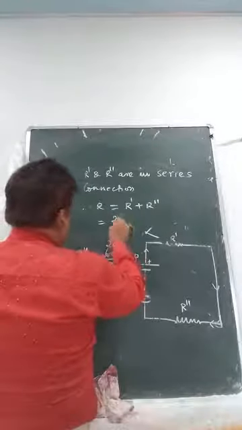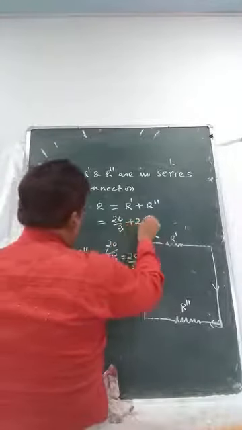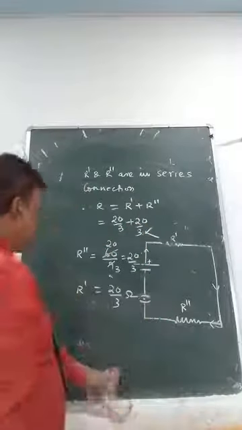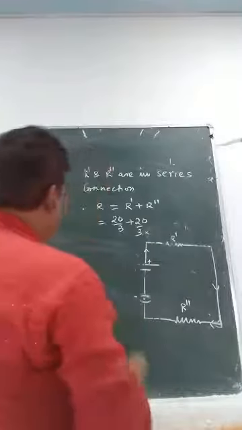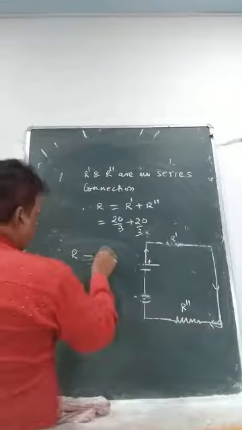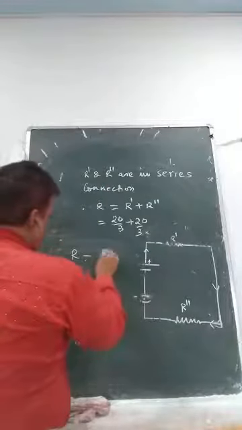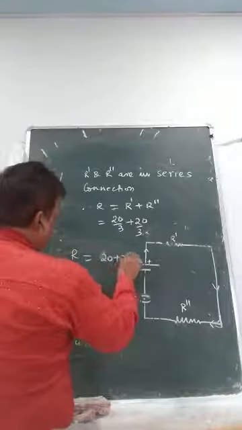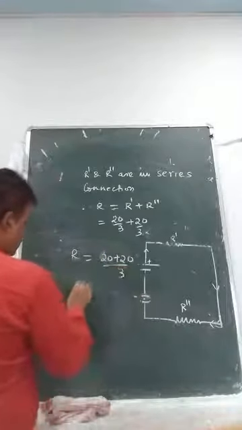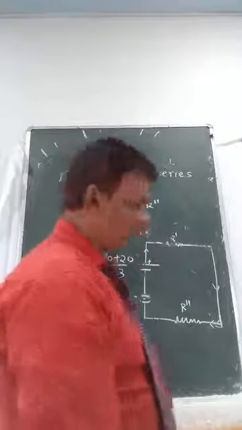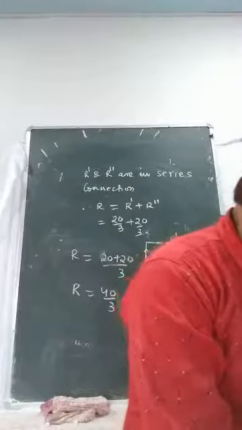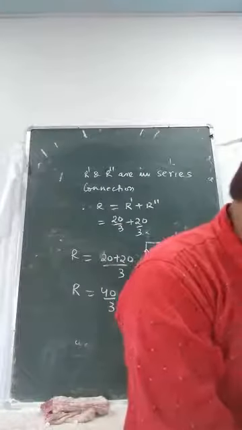Now 20 by 3 plus 20 by 3. So the total resistance is 40 by 3. Got it? 40 by 3. I think potential is given to us. Let's check it.